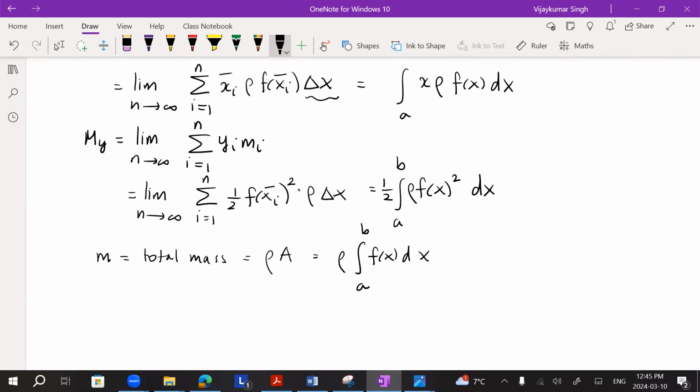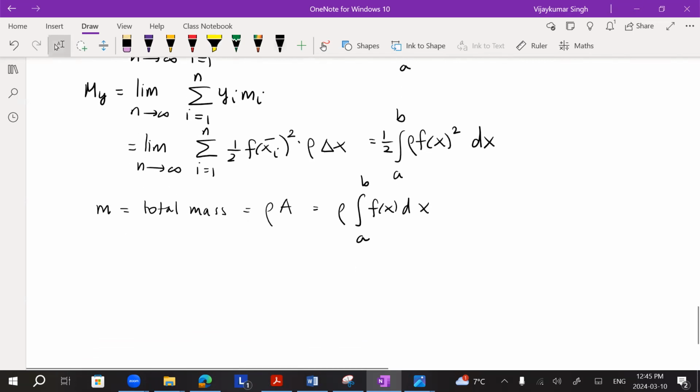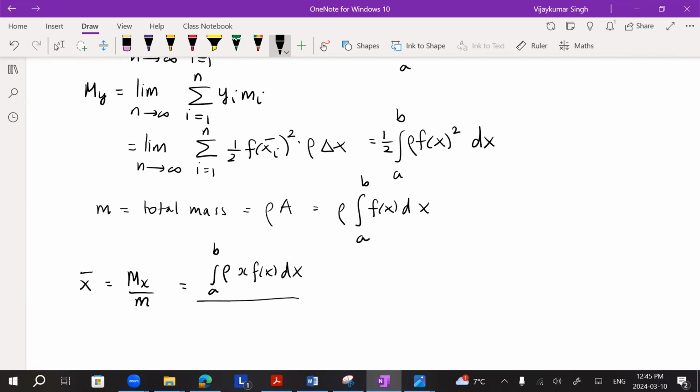All right, so this gives us x bar equals Mx by M, which is the integral a to b of rho x f of x dx, divided by the integral, since M is the total mass, rho a to b of f of x.